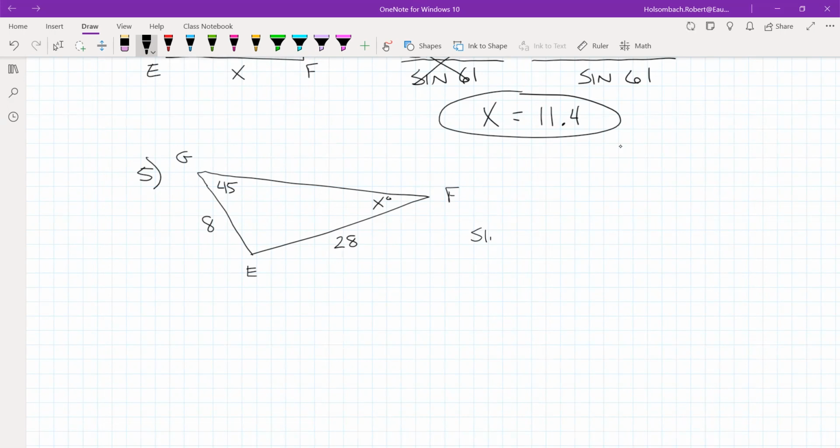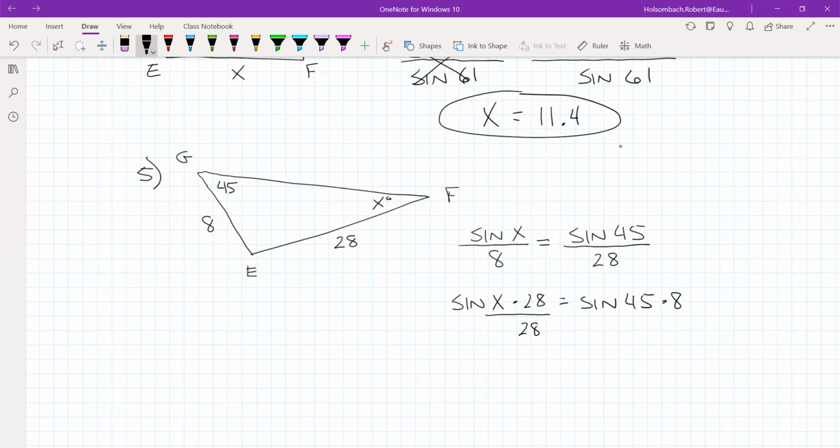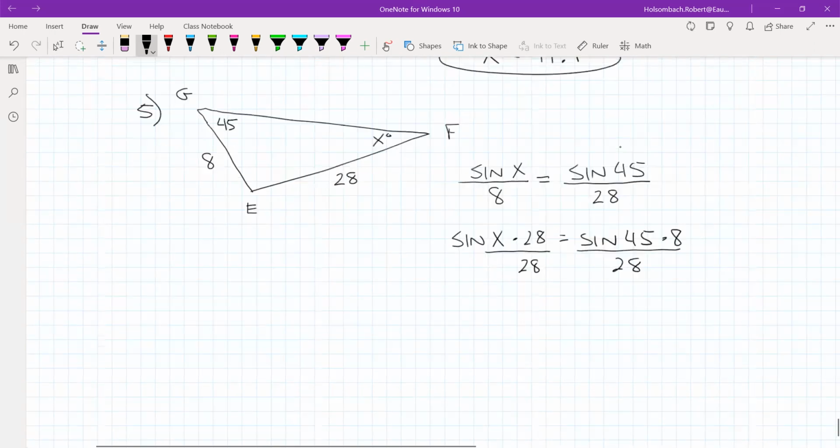So sine X over 8 equals sine 45 over 28. Crisscross multiply. Sine X times 28 equals sine 45 times 8. Going to divide both sides by 28. These cancel.